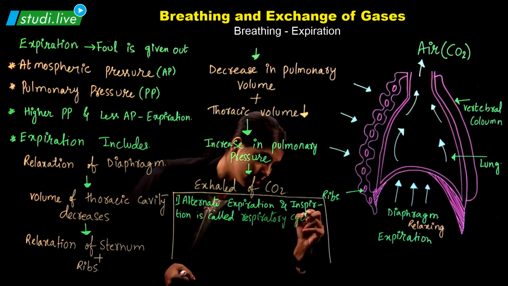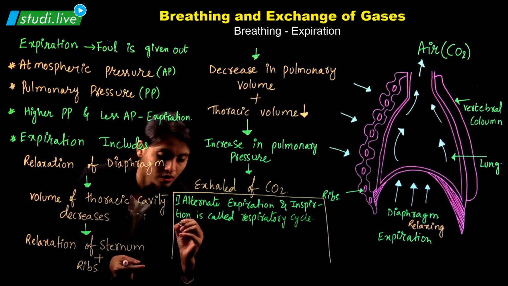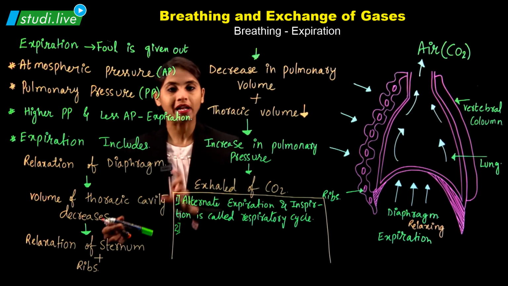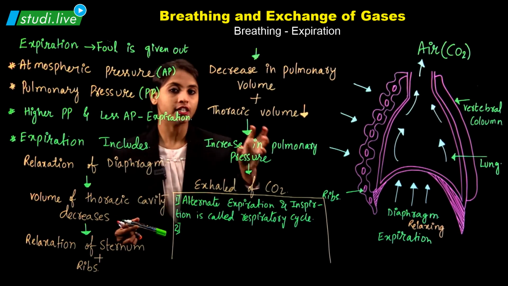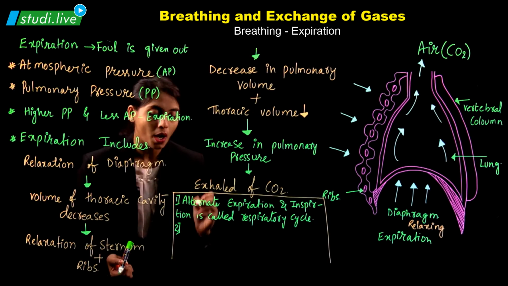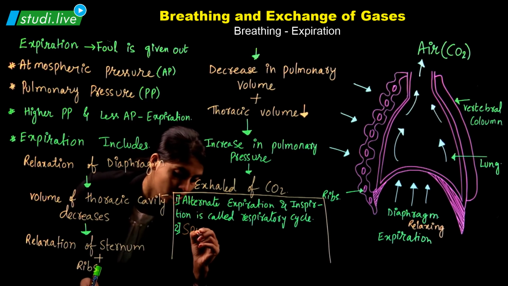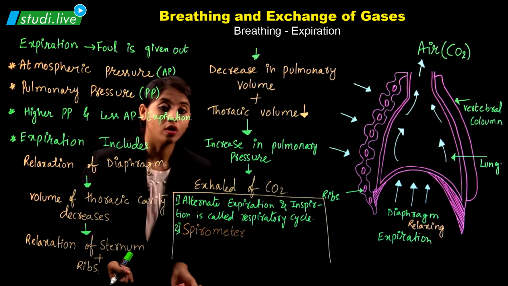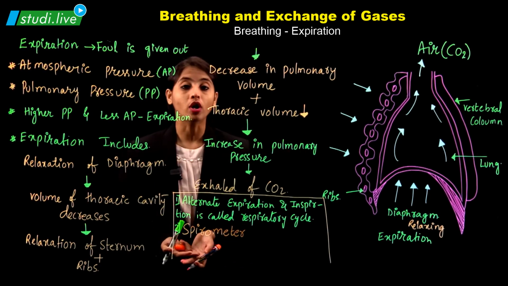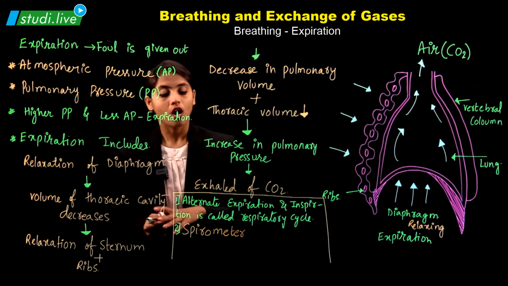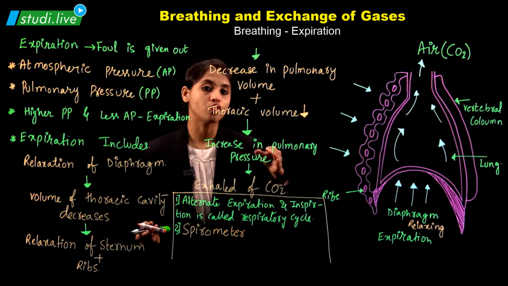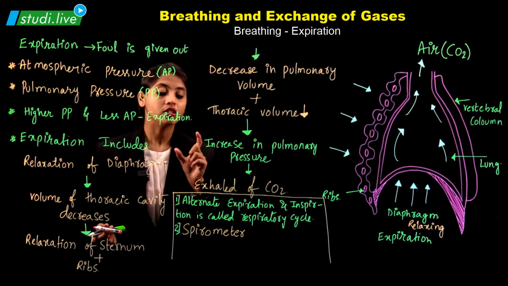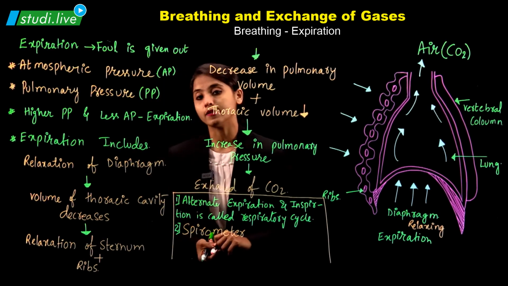Respiratory cycle. And one more point here, students. The instrument which is used to measure the rate of expiration and inspiration is called the spirometer. So what is this instrument? As we all know, to measure the temperature of the body, we use a thermometer. Likewise, all instruments are made for some purpose or other. The spirometer is the one used to measure the rate of expiration and inspiration.